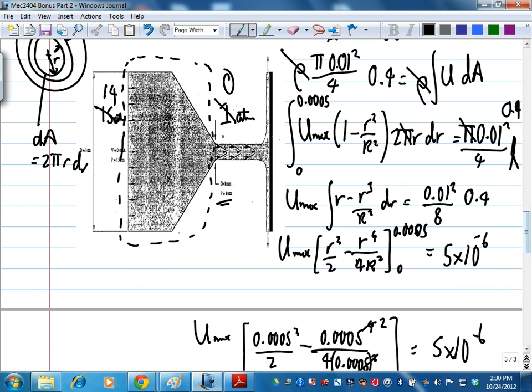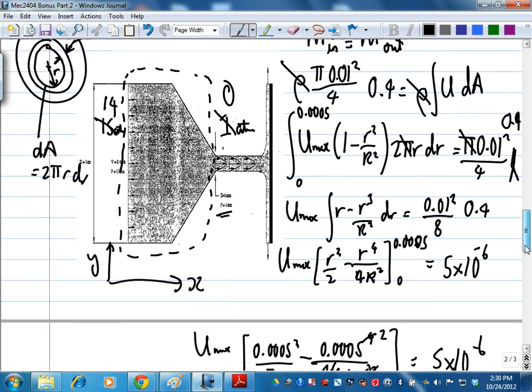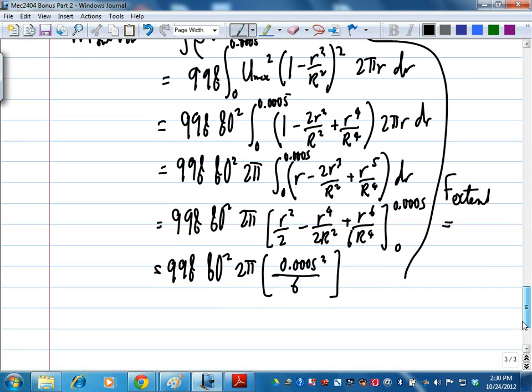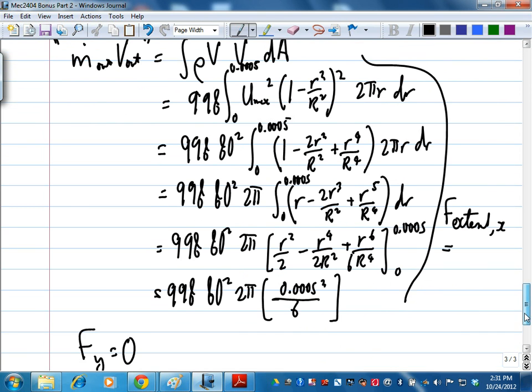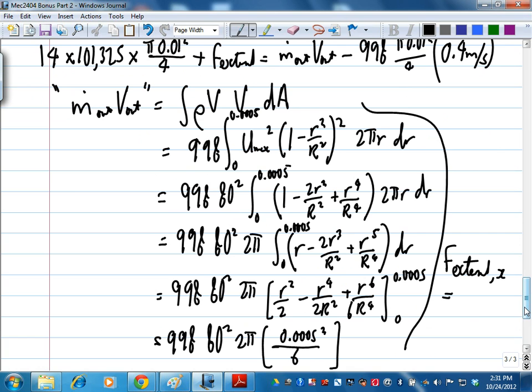So x direction is that way. What's the y direction? I think all 0, isn't it? Okay, in this case, Fy equals 0, F external comma x equals what? Anyone managed to work out what the answer is?